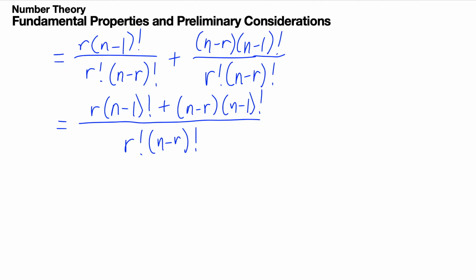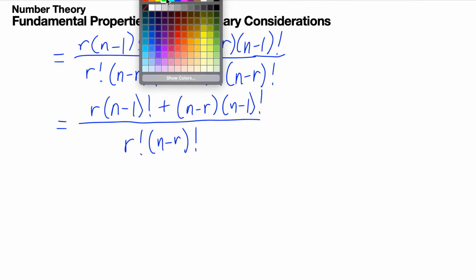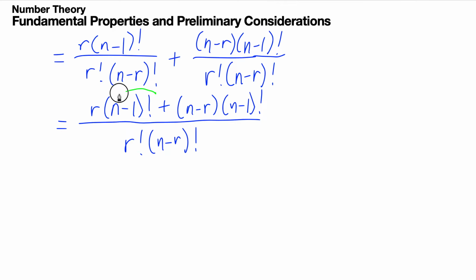So from here, we can see that there is a common factor in both terms. That is the n minus 1 factorial. So if we're going to get those terms, we are doing factoring by grouping. Let me write the denominator first.